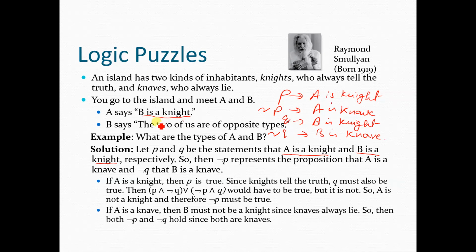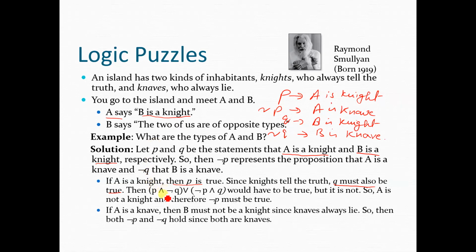If A is knight, then P is true. Since knights always tell truth and A says B is knight, it means Q is also true.